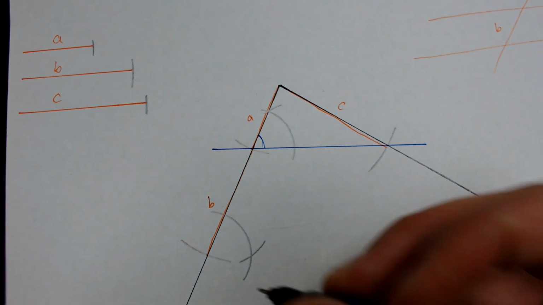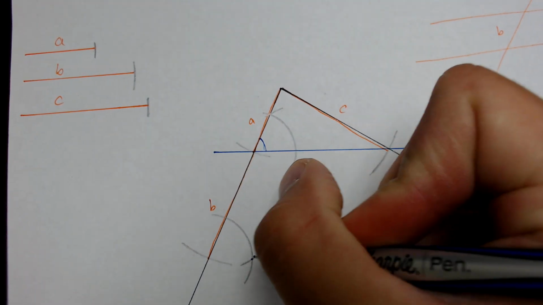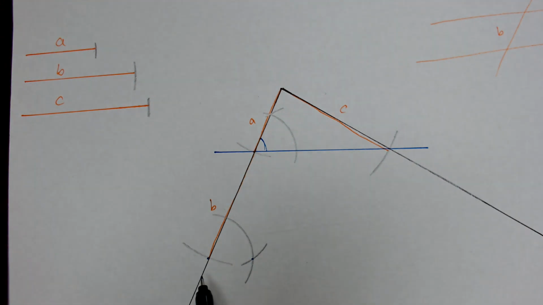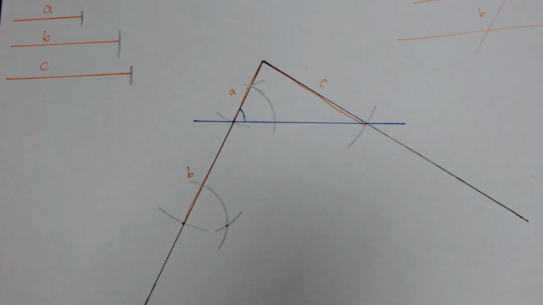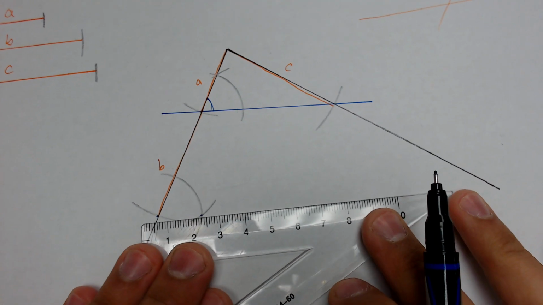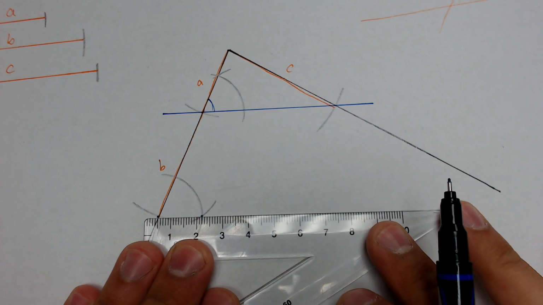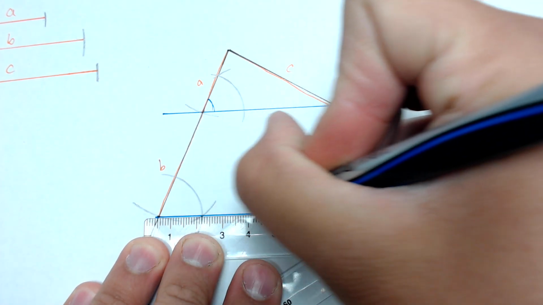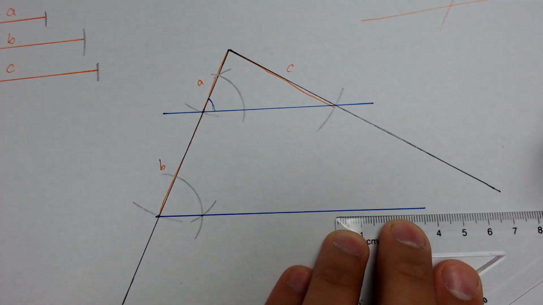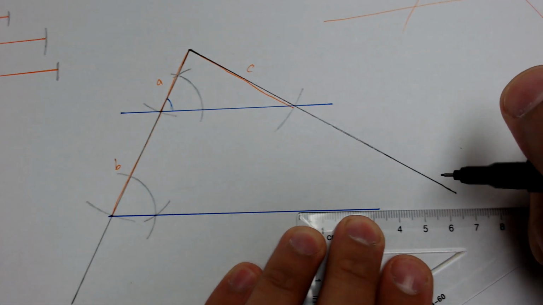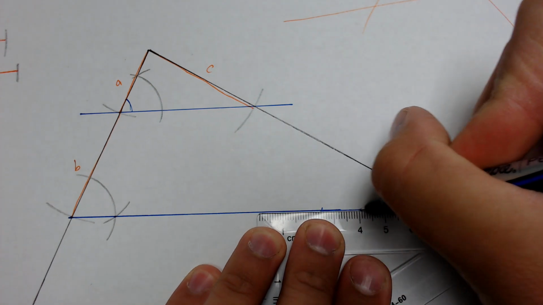All right, so now I've got two points, the end of line B and this one, to draw my parallel. So now what I do is I'm going to line this up. The one I've drawn is a little bit large, so I'm going to need to extend this line. So I'm going to need to extend both of these lines.